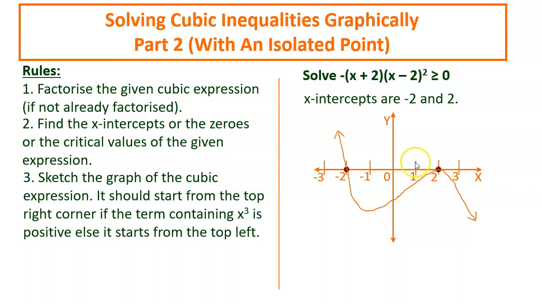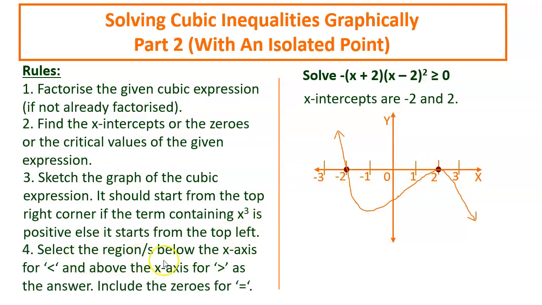And now rule number 4. Select the region or regions below the x-axis for less than sign and above the x-axis for greater than sign as the answer, and include the zeros or the x-intercepts for equal to sign.